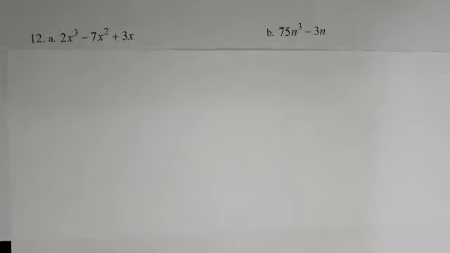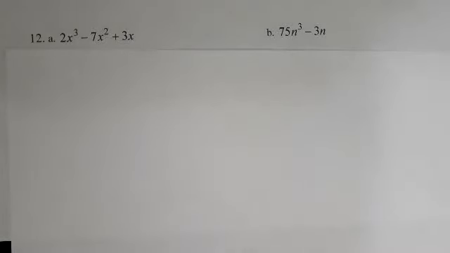2x to the 3rd minus 7x squared plus 3x. So we're looking across this thing: 2, 7, and 3. First thing I want to take is the GCF of this thing. So I was thinking 2, 7, and 3, yeah, there's nothing I can take a GCF of.